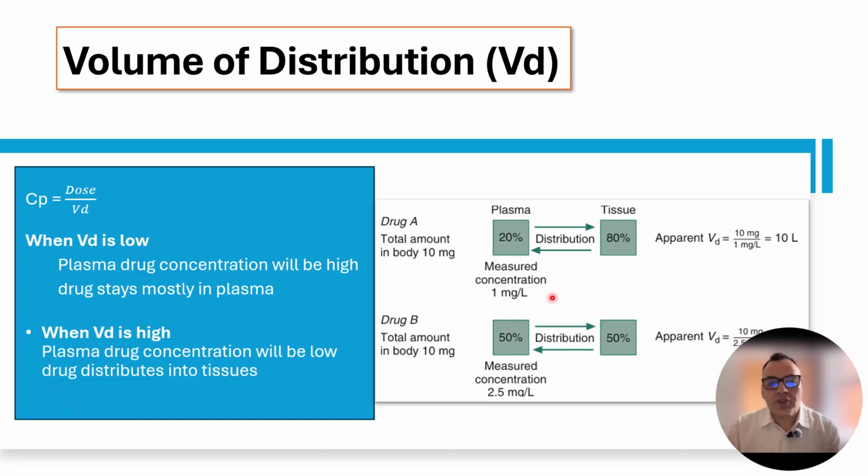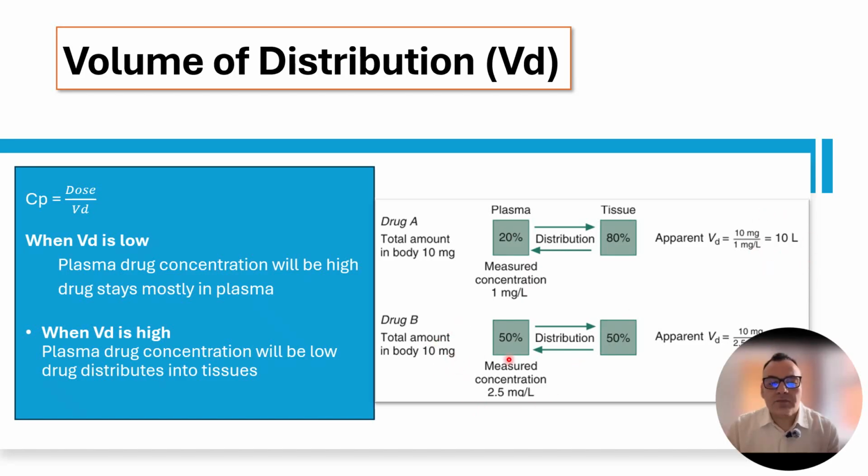When we measure the drug concentration in plasma, we get 1 milligram per liter. The apparent volume of distribution, as we mentioned, is the dose divided by concentration. So it will be 10 milligram divided by 1 milligram per liter. So the volume of distribution will be 10 liter.